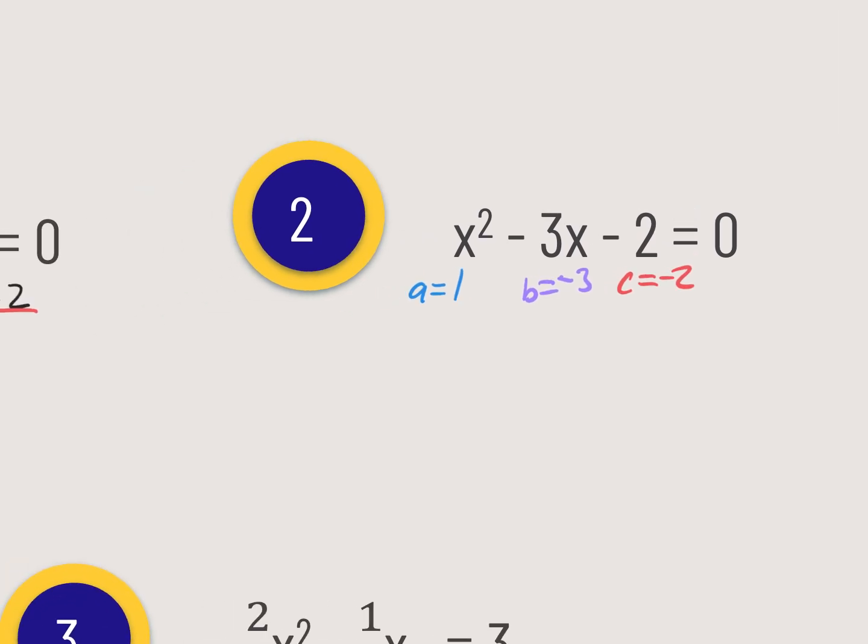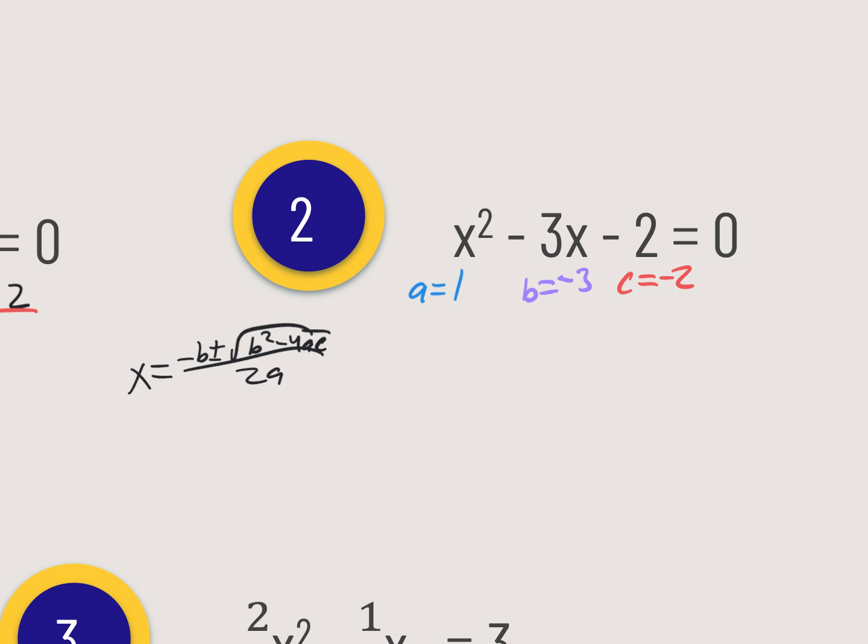All right, so we just want to plug it into this formula. Again, x equals -b plus or minus the square root of b squared minus 4ac over 2a. All right, just plug in all of these pieces.